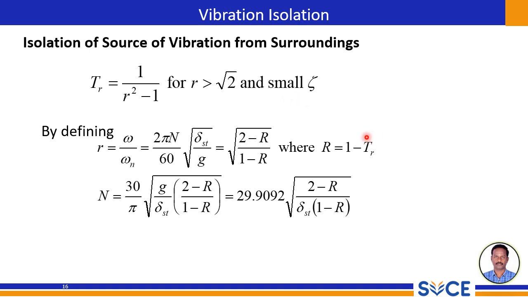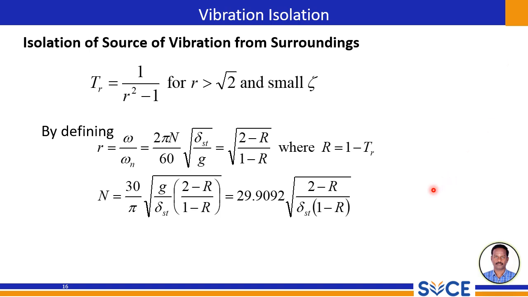This formula is further simplified and represented here, where R is defined as omega by omega n, that is, forcing frequency divided by the natural frequency. Further, we can express it in terms of RPM, that is, rotational speed in revolutions per minute, with delta_st, the static deflection, which is a very important parameter, and g is the acceleration due to gravity.